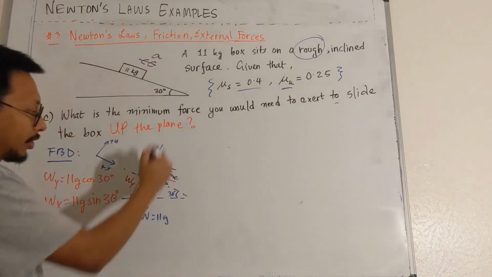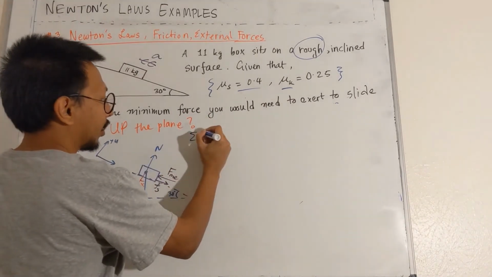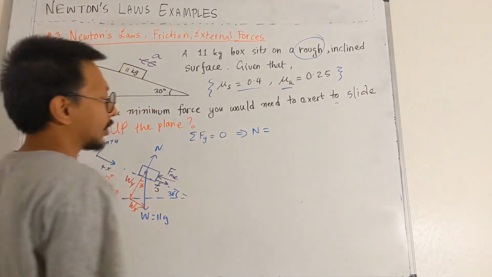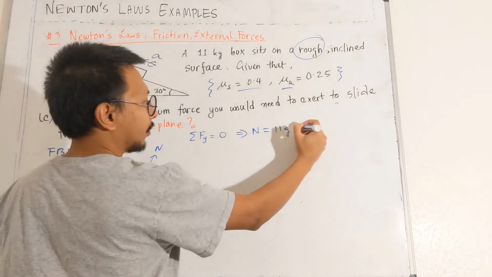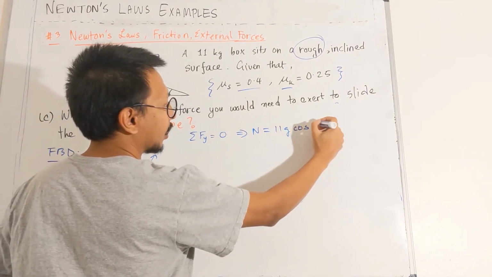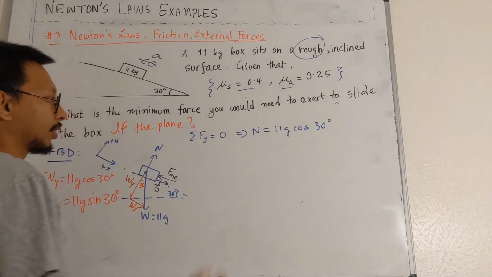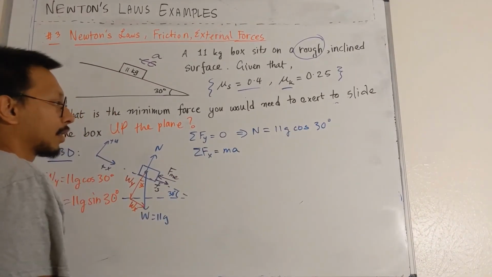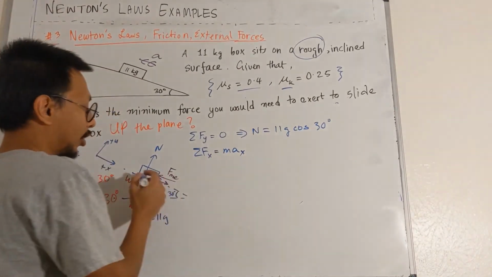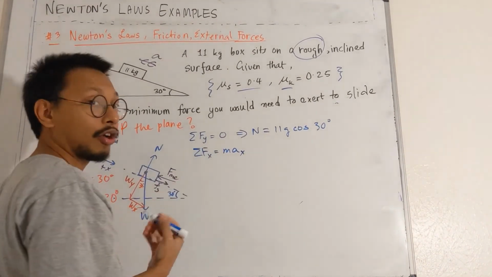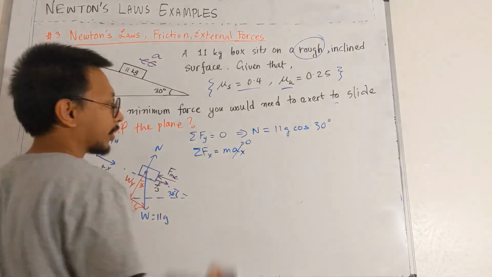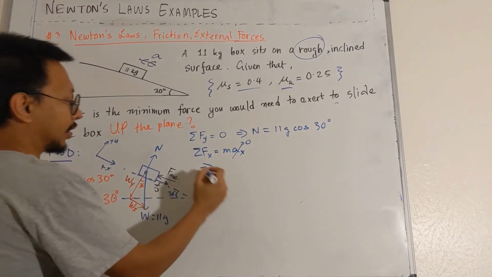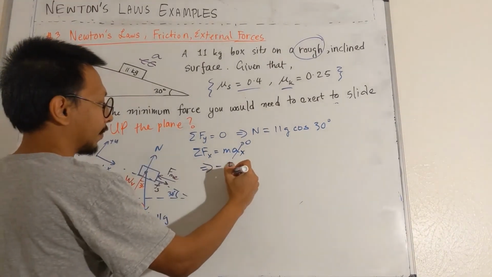So since there is no motion in the y direction, we can write down Newton's second law in the y direction quite simply as N is just equal to the y component of weight, which is 11g cosine 30, right? In the x direction, what do we have? Again, you are just about to slide it up, so you are not quite there yet, hence acceleration is 0, right? So what is the summation of forces? We have F me in the negative x direction, so negative F me.